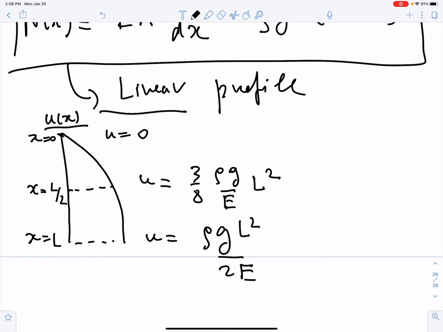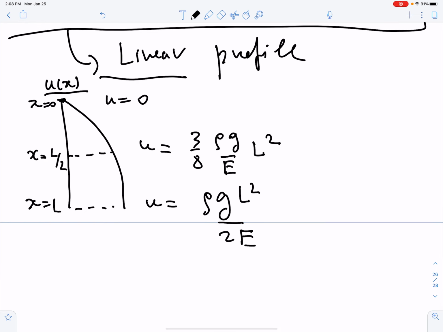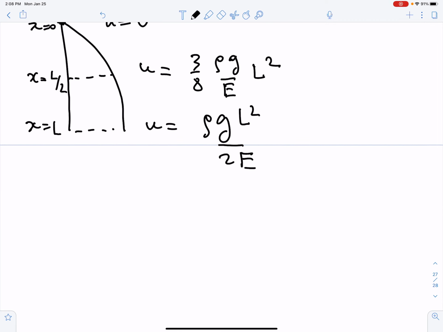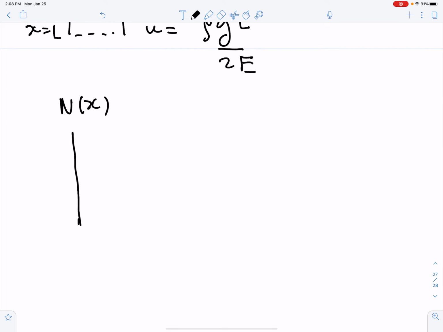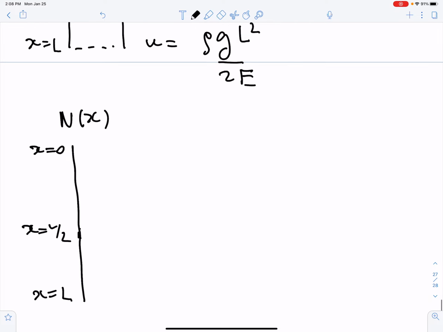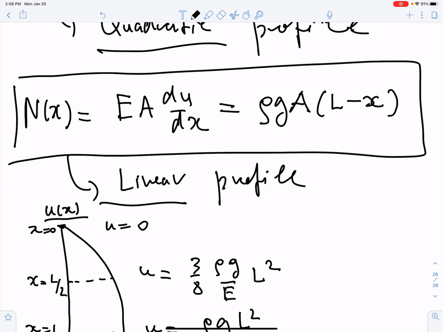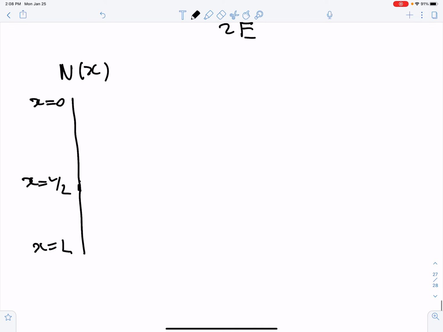All right, and so clearly you see that your solution satisfies the boundary condition. Now, what about the distribution of the axial force? Again, let me draw the cable here. This is, let's say, x equals 0, x equals L over 2, x equals L. If you examine this relationship here, clearly at x equals L, n is 0.